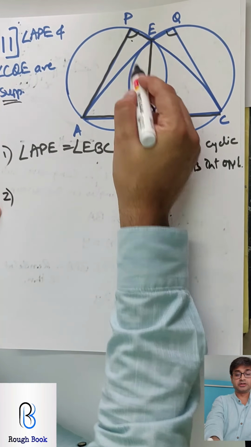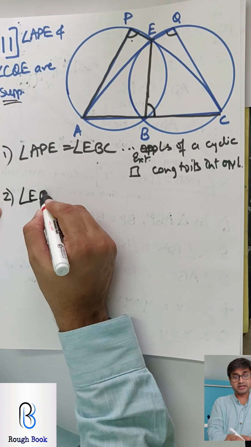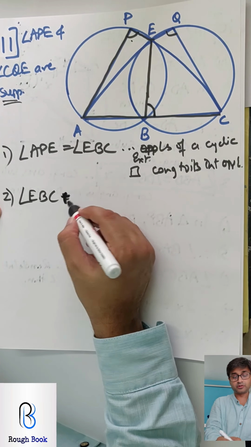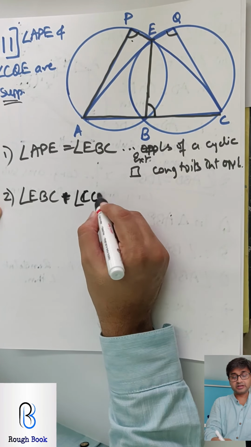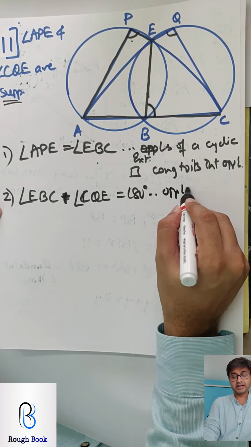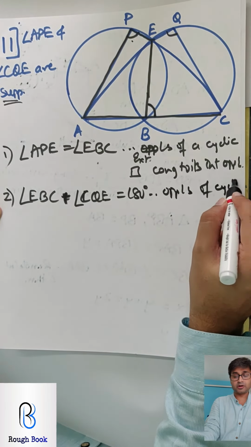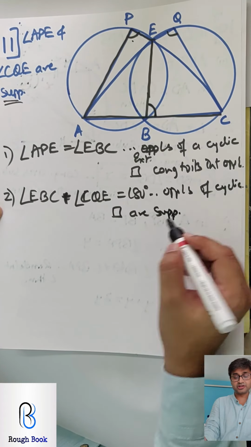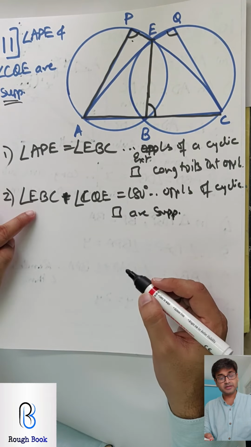So finally we got these two equal. Now we can say angle EBC plus angle CQE equals 180. Opposite angles of a cyclic quadrilateral are supplementary. And now just change the names, that's it.